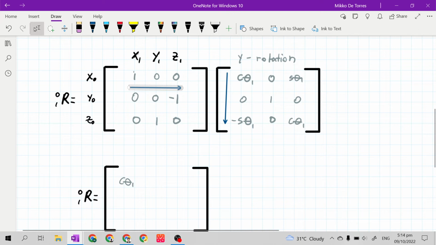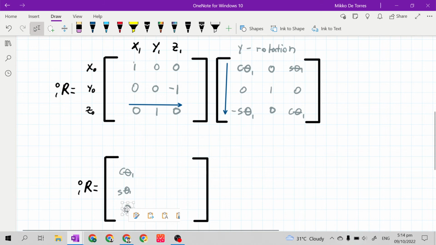So it is sine theta 1. Next, 0 times cosine theta 1 plus 1 times 0 plus 0 times negative sine theta 1. So we will get 0.